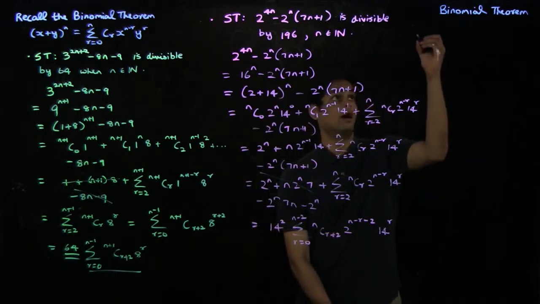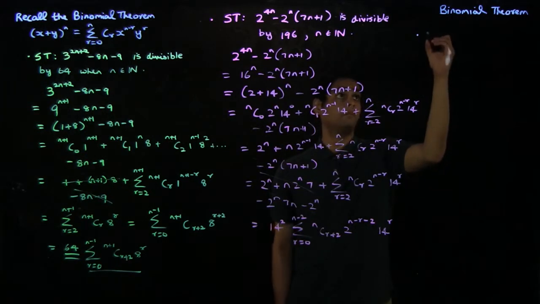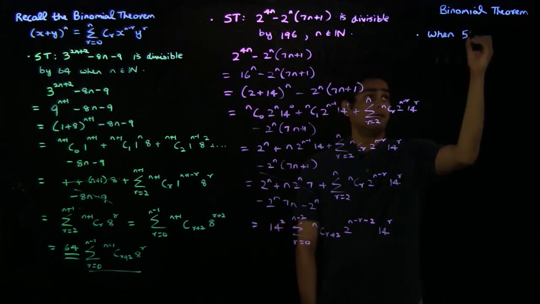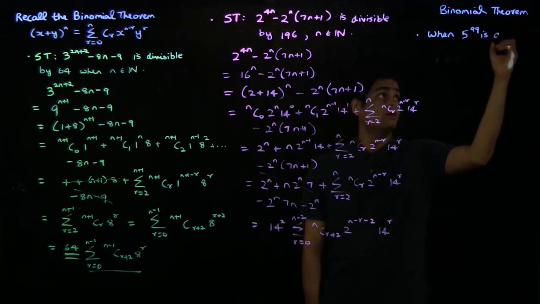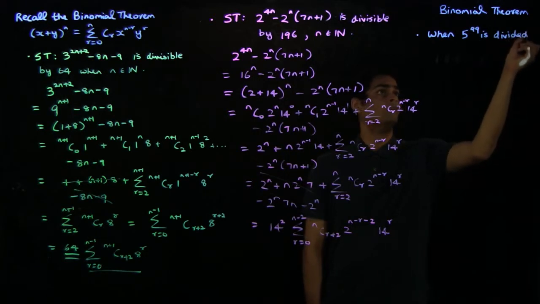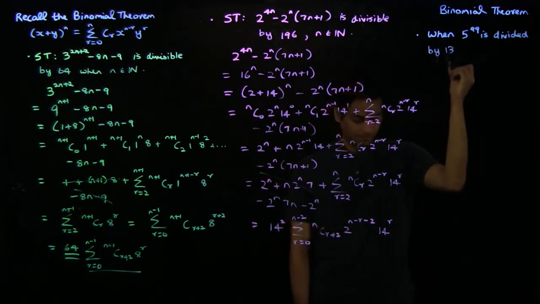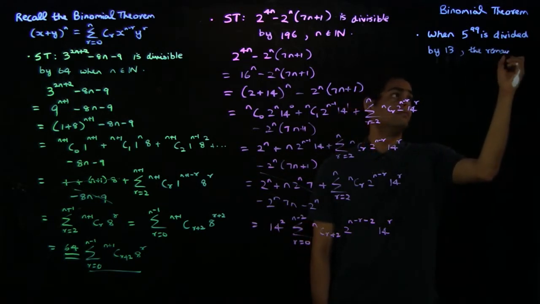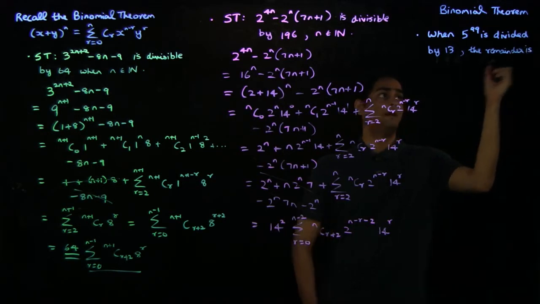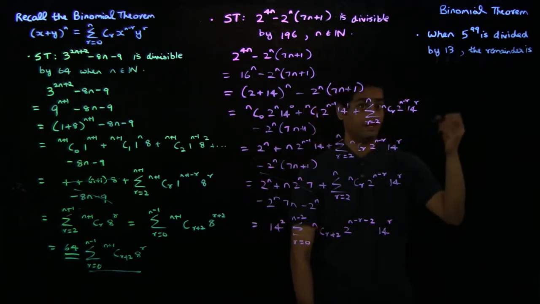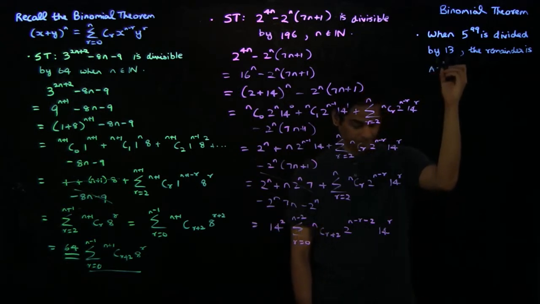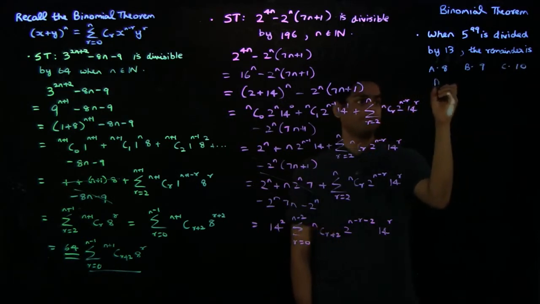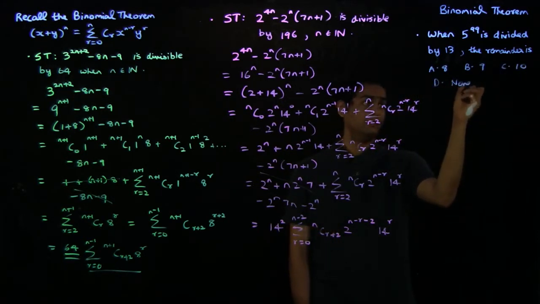The question asks you, when 5 power 99 is divided by 13, the remainder is, so it asks you to compute the remainder when 5 power 99 is divided by 13, and the options are 8, 9, 10, and none of these.